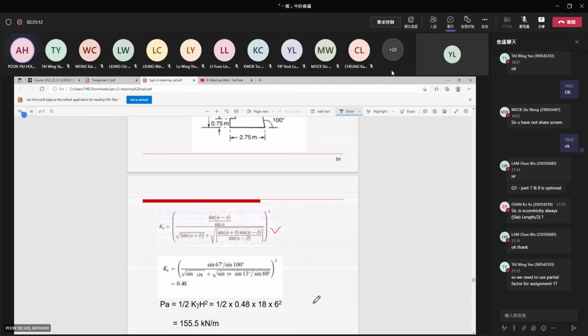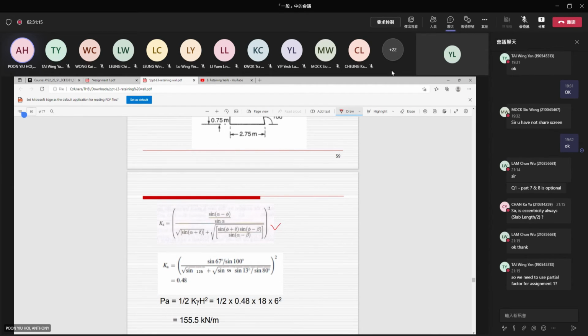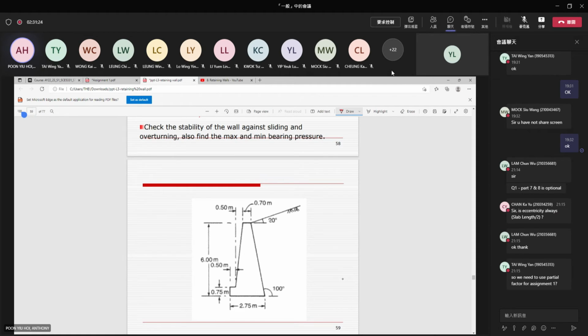This formula actually has already given you the maximum or the required value. But if you still remember the theory, the force acting on this face is actually at an angle of friction.